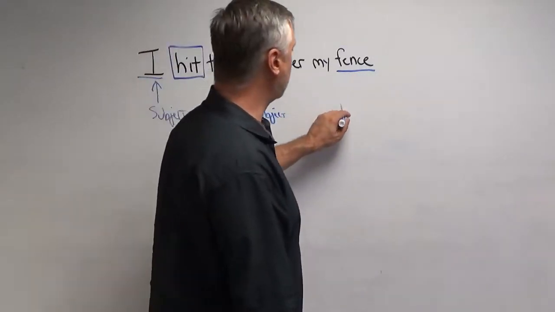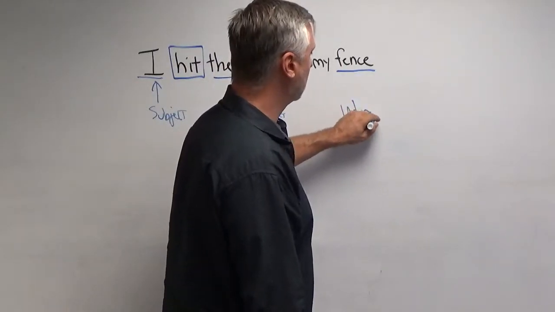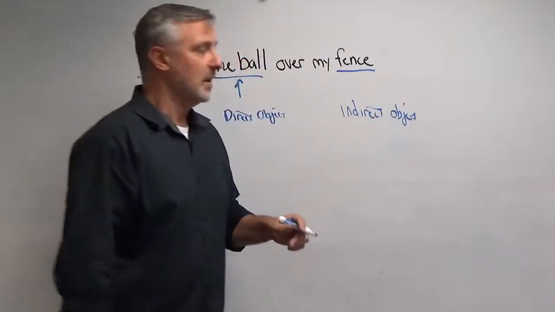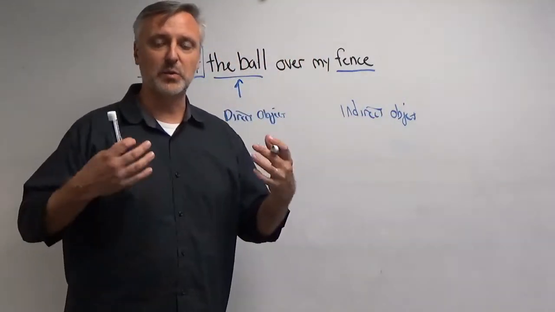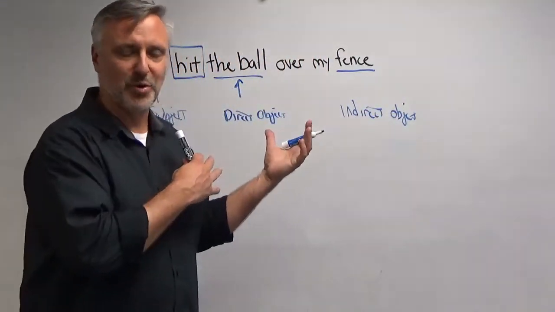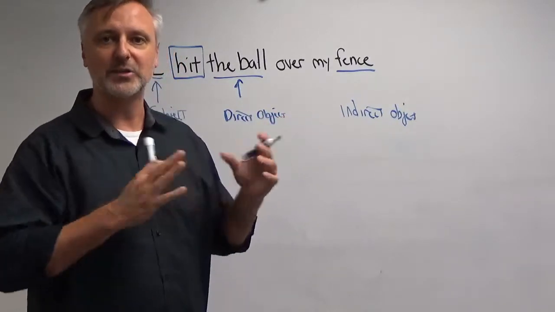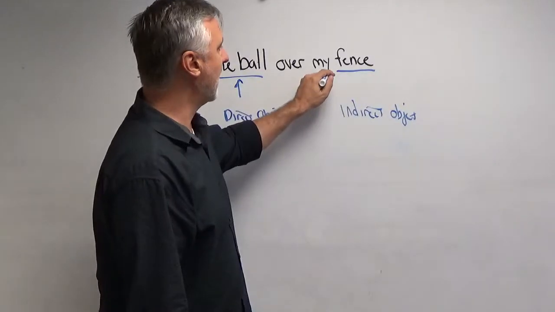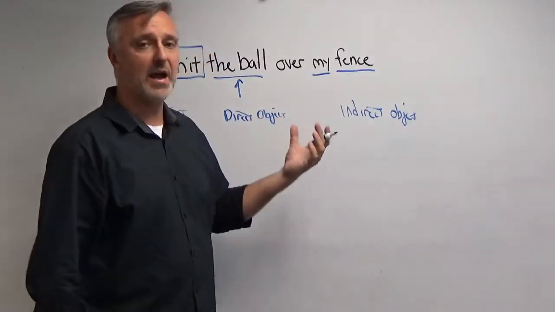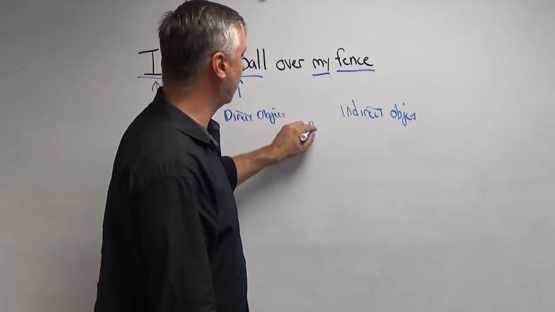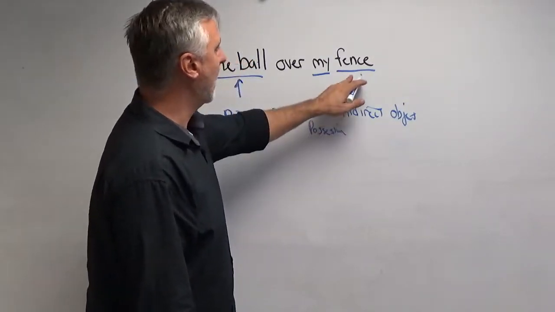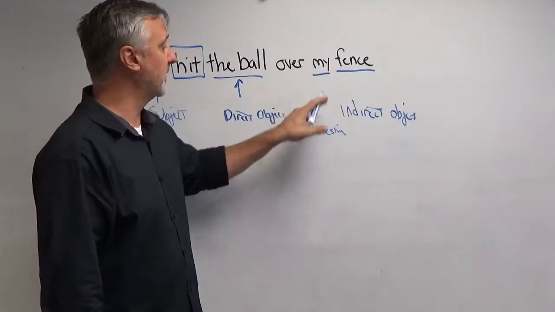Lastly, as it relates to Greek, there's one other thing we need to pay attention to, and that is the word "my." In this case, "my" forms a possessive to the fence. Whose fence is it? It's my fence, so it's possessive.